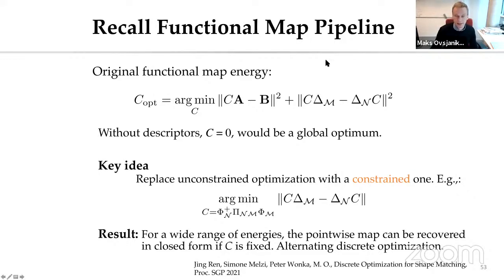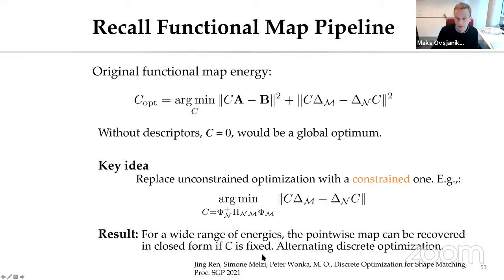And as a little aside, remember that I showed this original functional map energy, right? You compute a correspondence C that aligns descriptors and commutes with the Laplacian. But if you remove the descriptors, then C equals 0 is a global optimum of this energy, right? So if you just remove descriptors, in principle, you cannot compute a functional map directly.